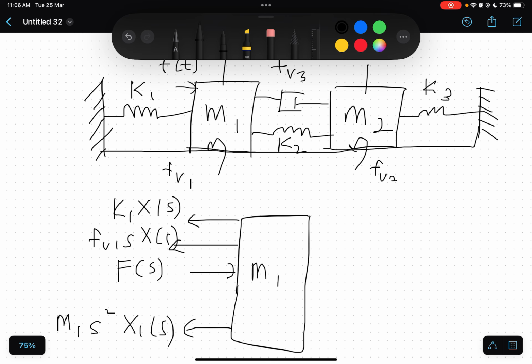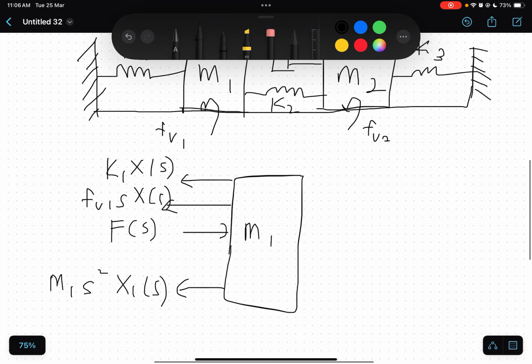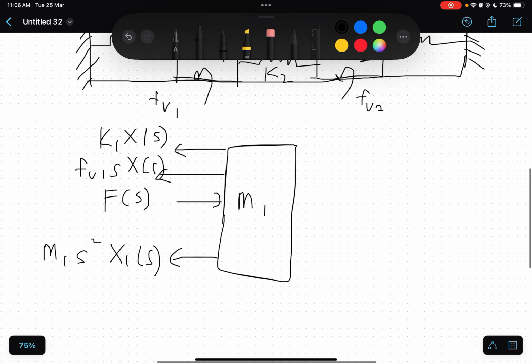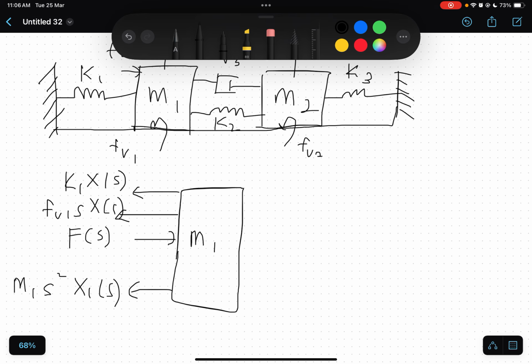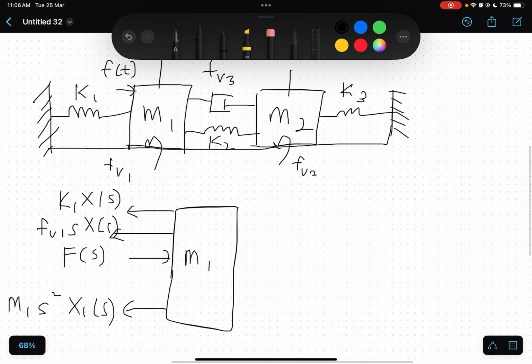So I should mention that this first free body diagram is for when you move M1 and you hold M2. Okay, so you hold M2, you move M1, you'll get this free body diagram. So again, when you push M1 to the right, you have the effect of the damper, the one in between, pushing in the opposite direction.